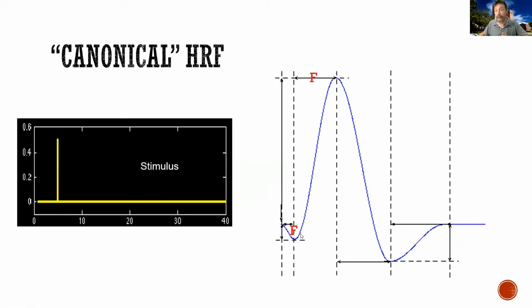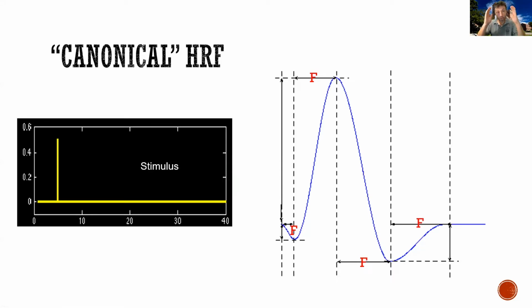The time it then takes from the peak of the dip to the maximum of the function, that is fixed. The time it takes from the peak to go back down to the bottom of the undershoot, that is fixed. The time it then takes from the bottom of the undershoot to go back to baseline, that is fixed.